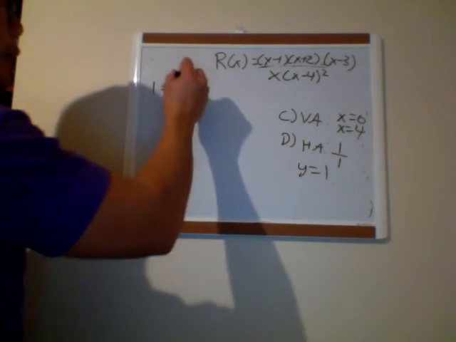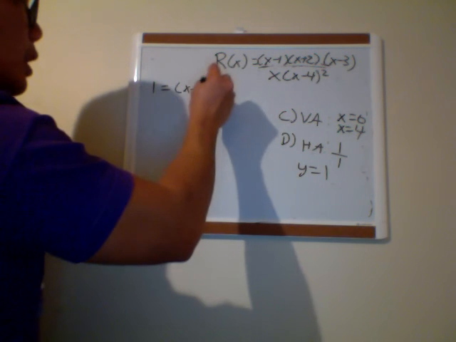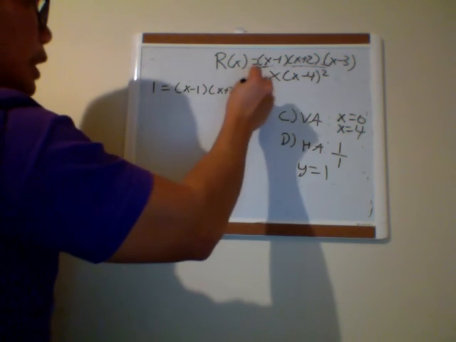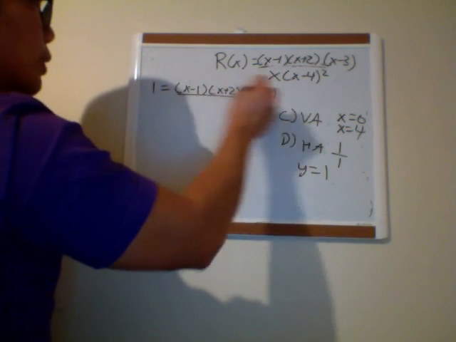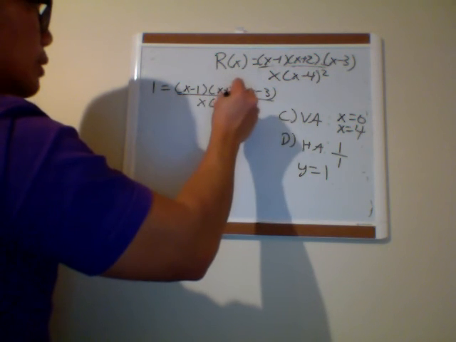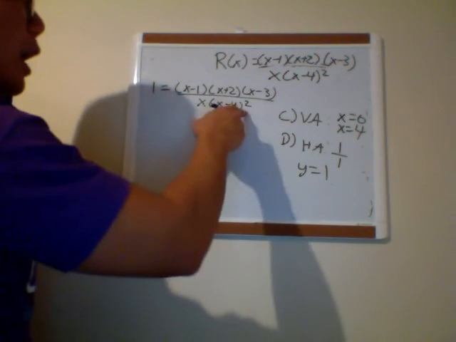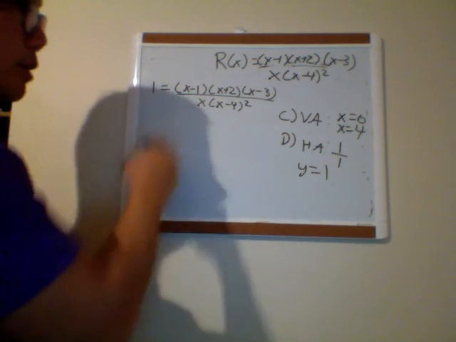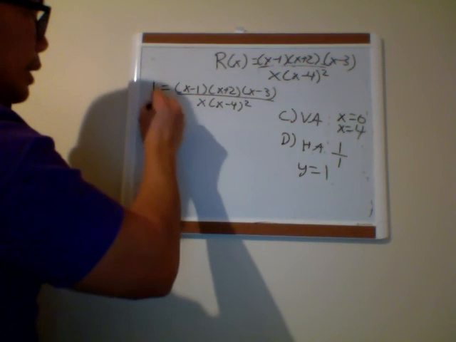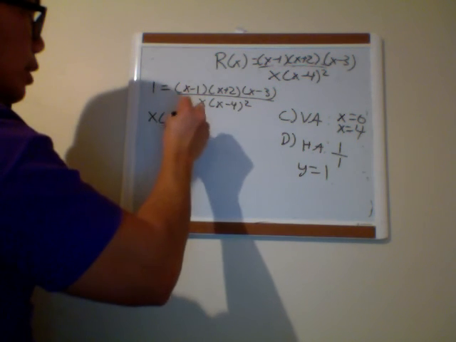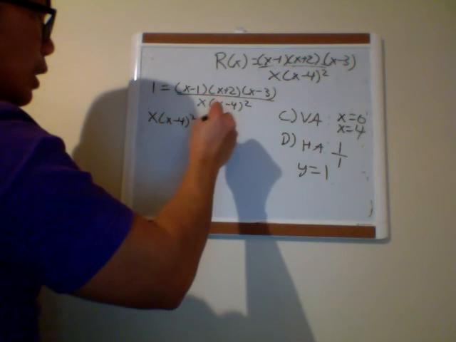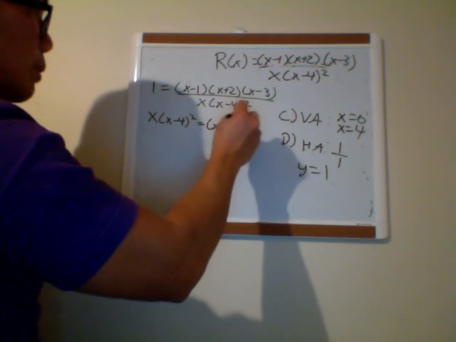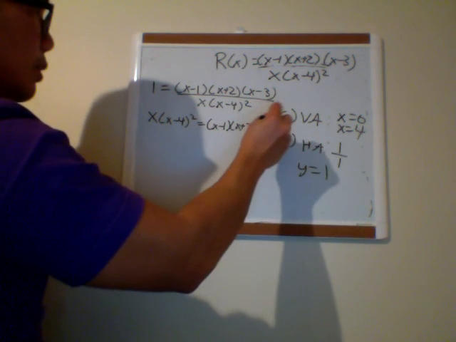So I'm going to set 1 equal to x minus 1, x plus 2, x minus 3 over x times x minus 4 squared. I multiply both sides by x minus 4 squared, and I get x times x minus 4 squared is equal to x minus 1, x plus 2, x minus 3.